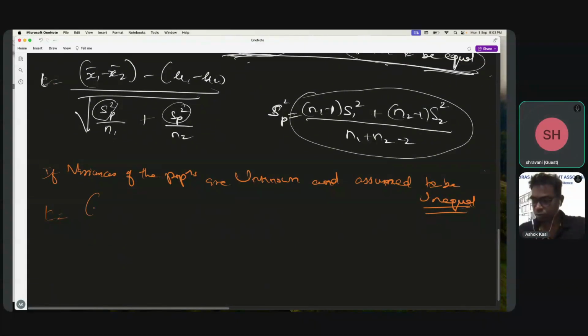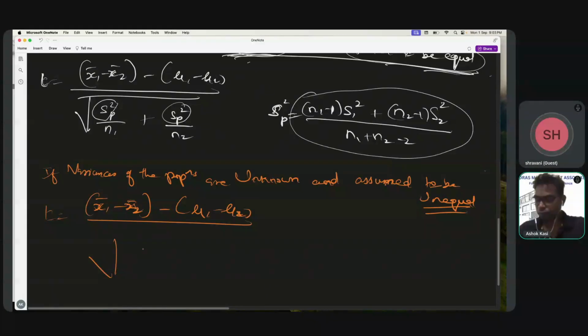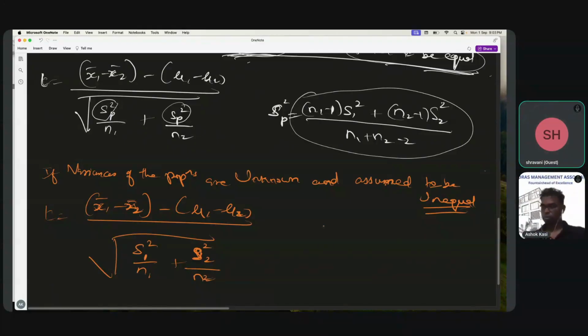T is equal to x1 bar minus x2 bar minus (mu1 minus mu2) divided by root of variance 1 by n1 plus variance 2 by n2. So this is the change if it is unequal. Is it okay?